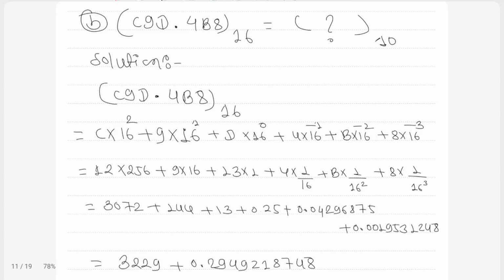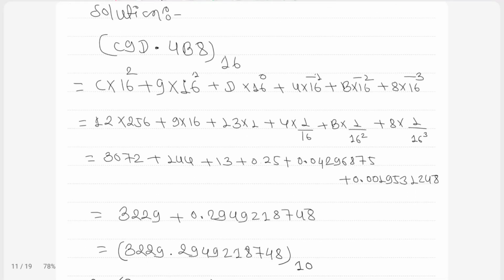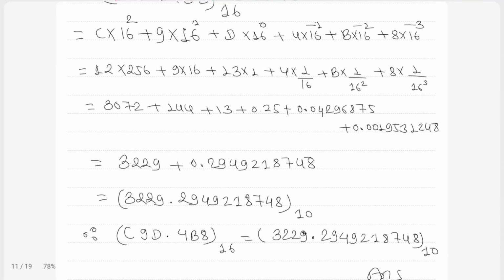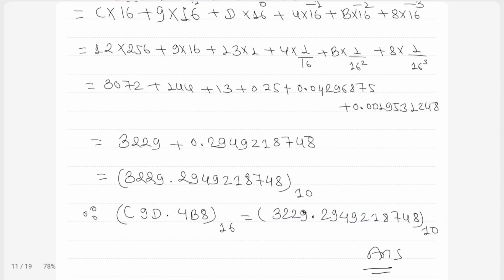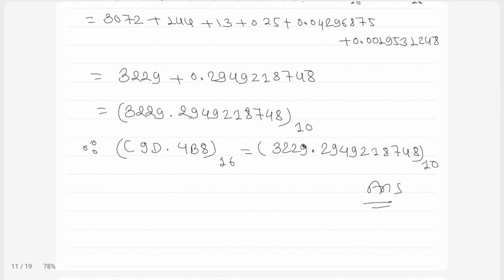When we have the fractional part, we write down multiply by 16 and raise the power from left to right, and multiply, and then we get the result like this. Our answer must be correct when our result is between 0 to 9.